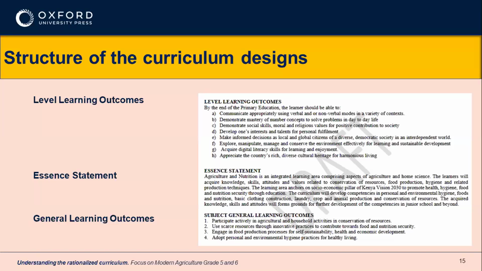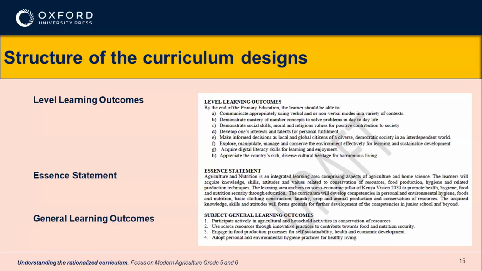In the general learning outcomes now, we're discussing agriculture. The learners will participate actively in agricultural and household activities in conserving resources. They'll use the scarce resources through innovative practices so that they contribute towards food and nutrition security. They engage in food processes for self-sustainability, health, and of course, economic development.